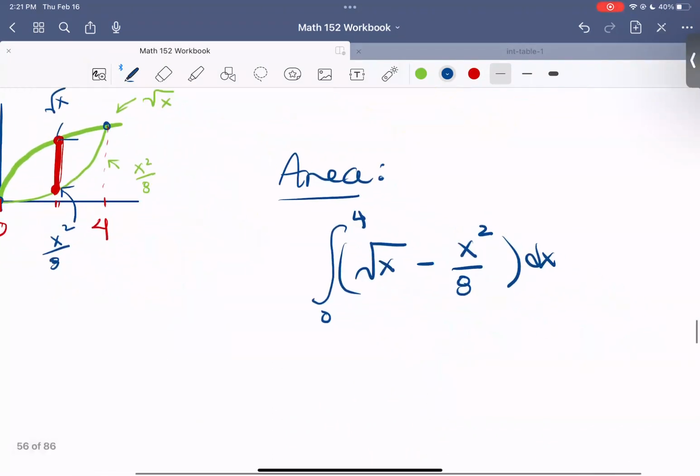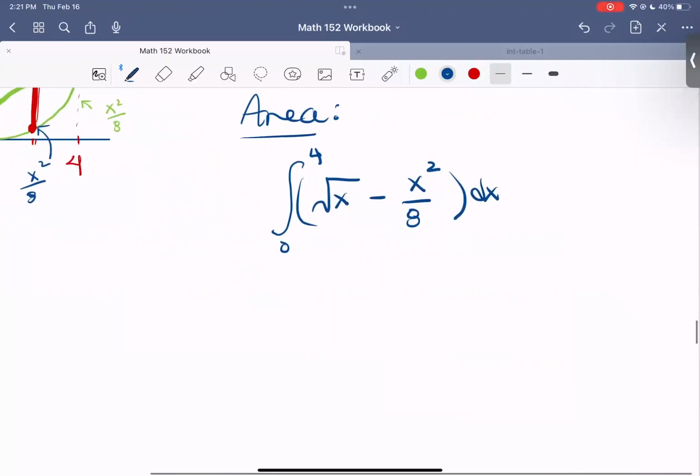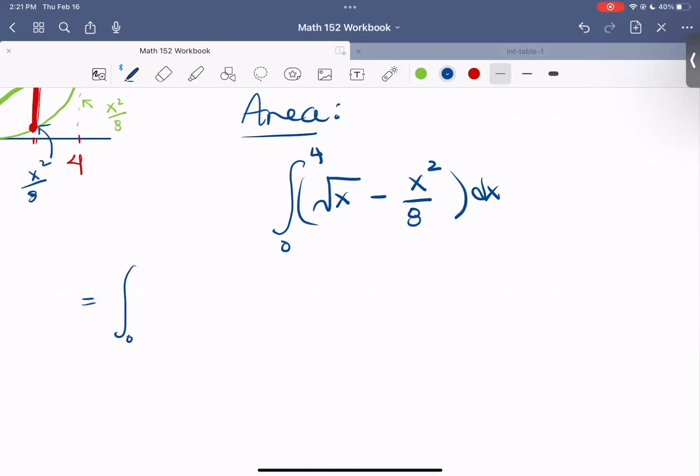So now to compute the area, we just need to compute this integral. Let's recall how we would do that. We have a square root of x, so we can interpret that as x to the 1/2, minus x squared over 8, dx. Now we can compute the antiderivative of each term. For a power of 1/2, the antiderivative will be 3 over 2, x to the 3 over 2.